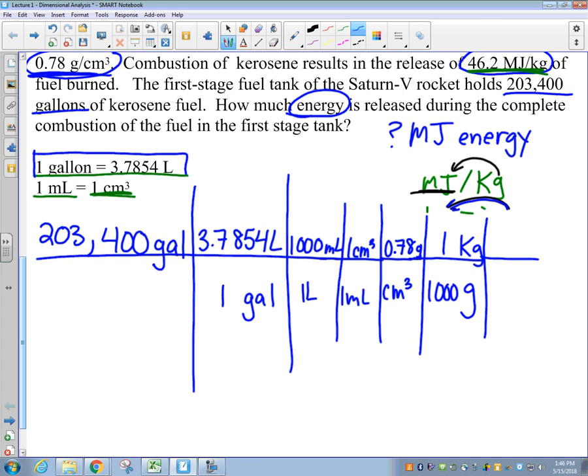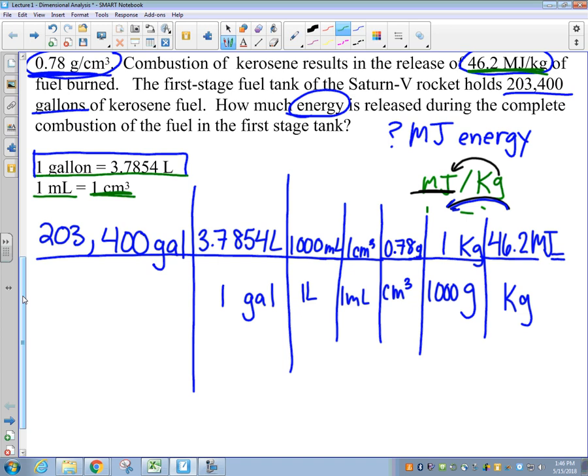And then lastly here is where we use our value of megajoules per kilogram. So if I have kilograms on the top, kilograms goes on the bottom, and I have 46.2 megajoules per kilogram. Let's take a moment to calculate this.